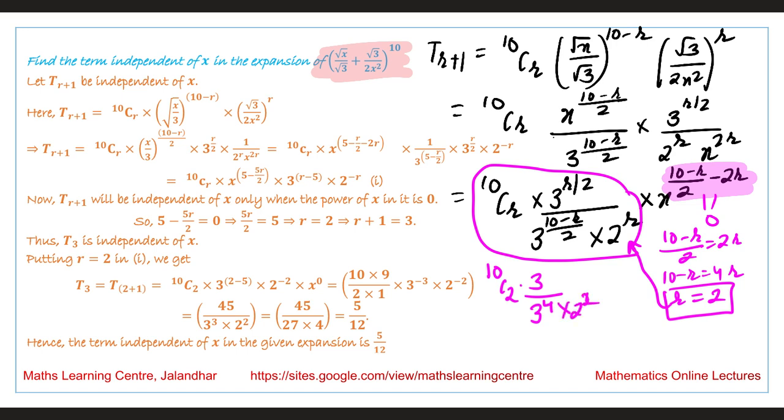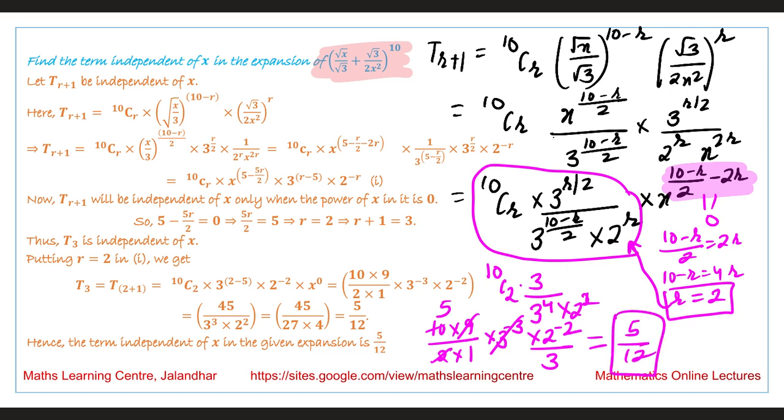Now 10C2 is 10 into 9 by 2 into 1, into 3 raised to the power minus 3 into 2 raised to the power minus 2. These terms get cancelled and we are left with upon 3, and the answer we obtain is 5 over here. So it is 5 by 12. So the term independent of x in the given expansion is 5 by 12.